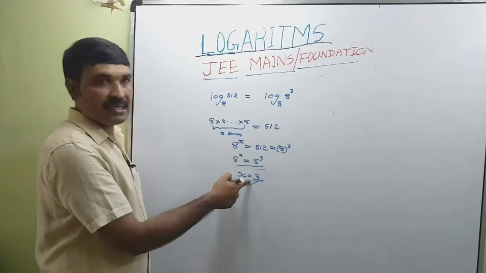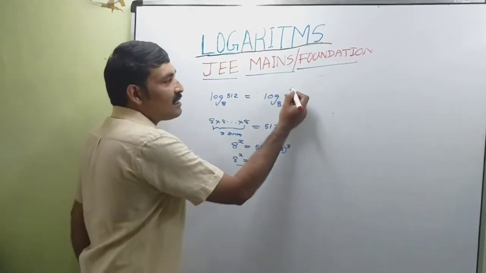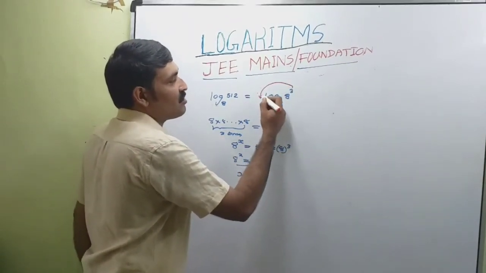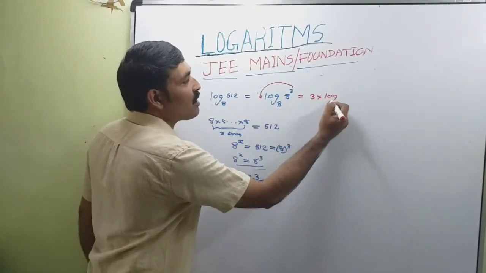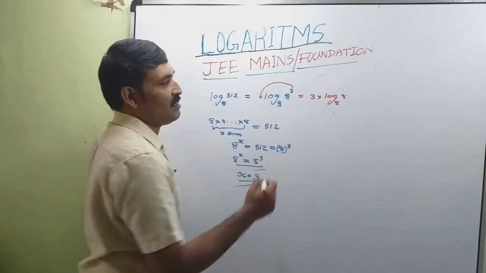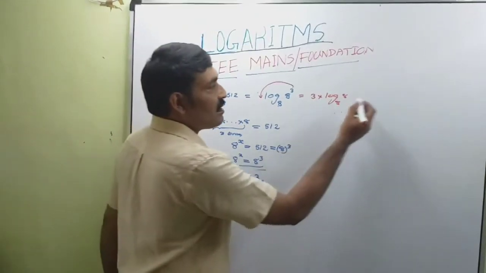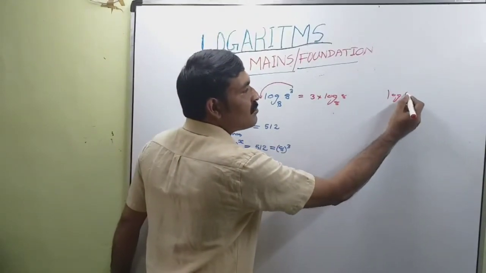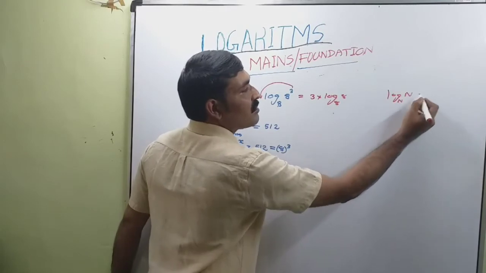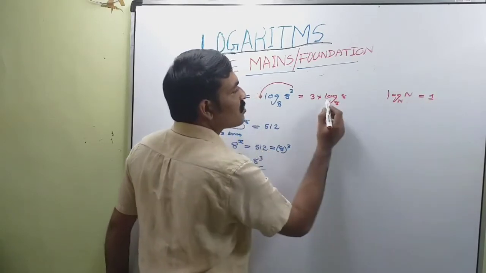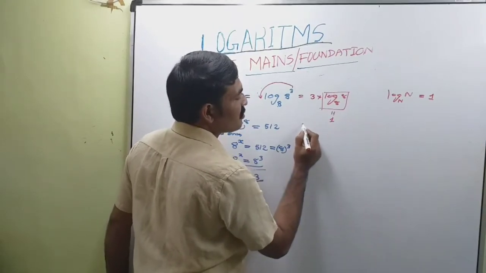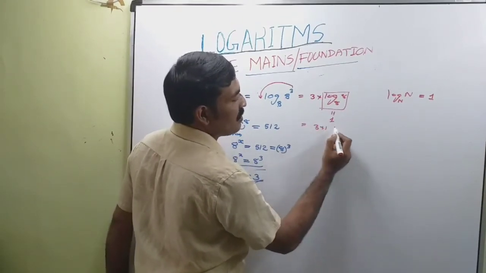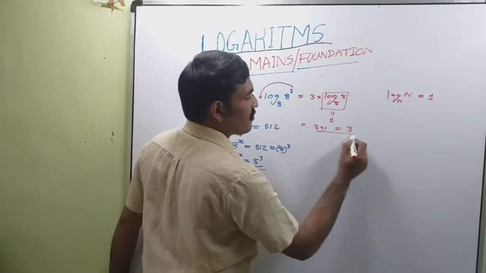Now the answer is 3. This 3 will jump to the front. So this is equal to 3 into log 8 to the base 8. And we know that log of any number to the base of that number is equal to 1. So the value of this term is equal to 1.